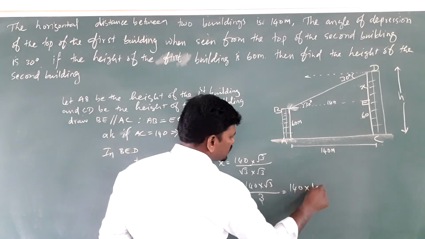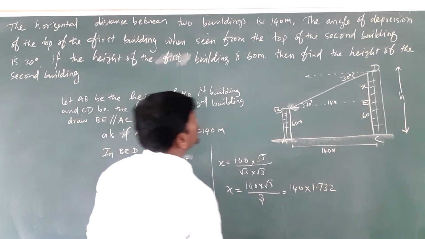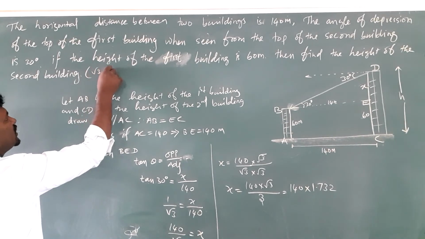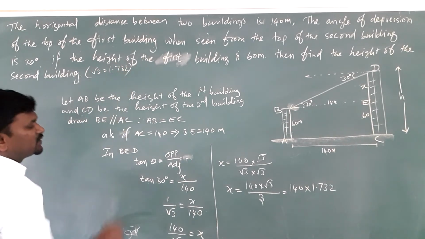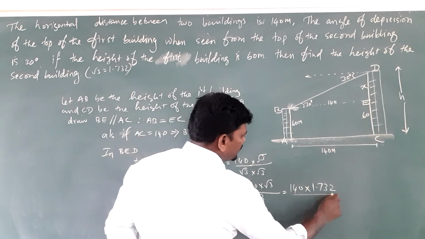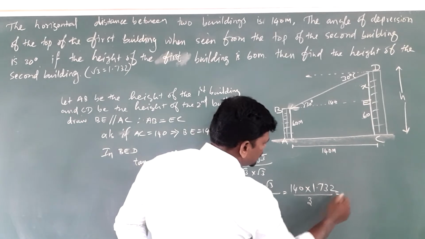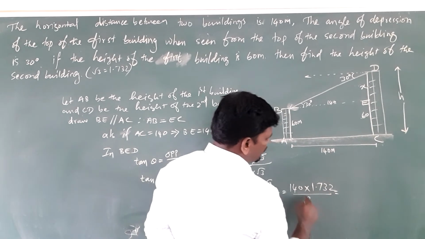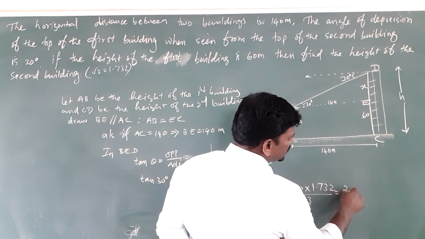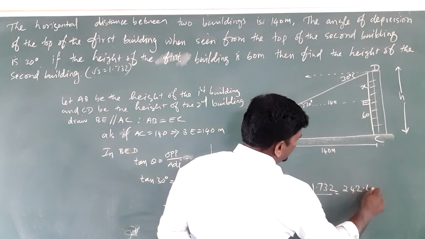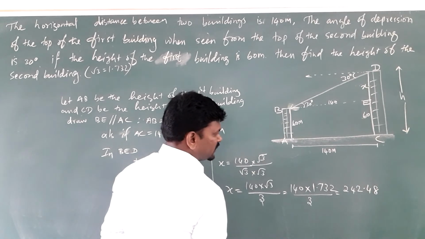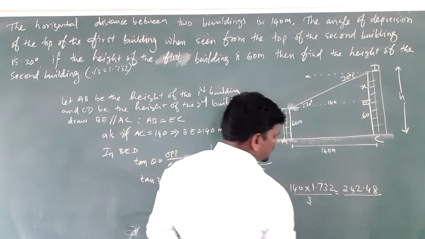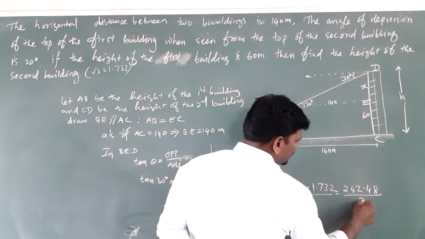The value of root 3 is 1.732. In your textbook itself, they have given root 3 is equal to 1.732. So we have to use that, divided by 3. Okay. So 140 into 1.732, if you multiply exactly, you will get 242.48. Okay. 480 will come, it is not necessary to use the 0 after the decimal point, divided by 3.